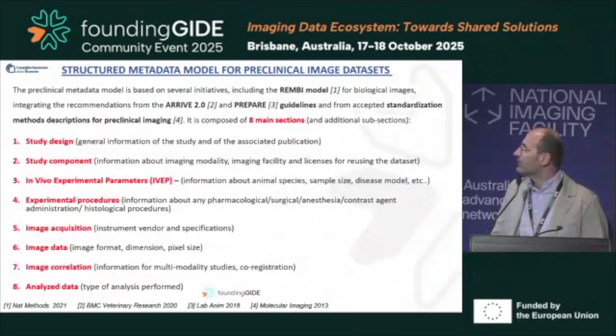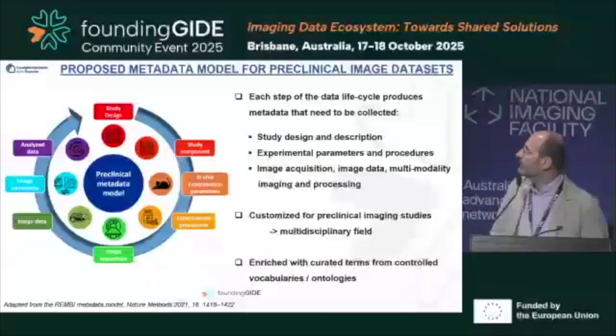So we took advantage of these white paper recommendations, and then we created this metadata model, which is composed of 8 main sections, in a similar way to the REMBI model, that describe different information at the study level, and at the level of the in vivo experimental parameters and procedures, which in this way are more specific to the preclinical imaging domain, and then 3 more sections related to image acquisition, and 1 section for the analysis of the data. And this is the way in which we have built the preclinical model that looks like the REMBI one.